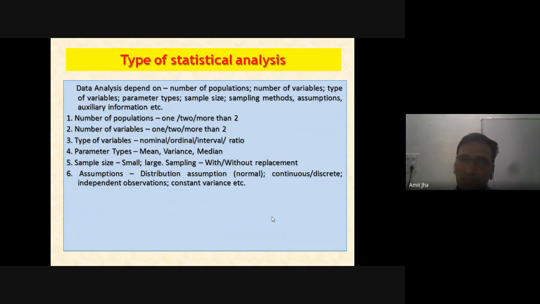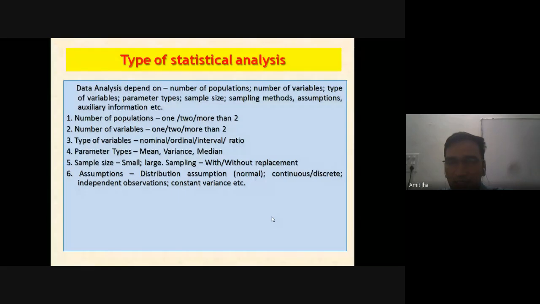Now, types of statistical analysis. What type of statistical analysis are there? What data analysis we will be doing depends upon various factors. The first of them is the number of populations. If we are working on a single population, or two, or more than two, the number of populations is one of the factors on which the data analysis depends.